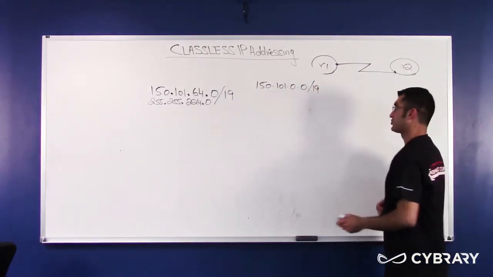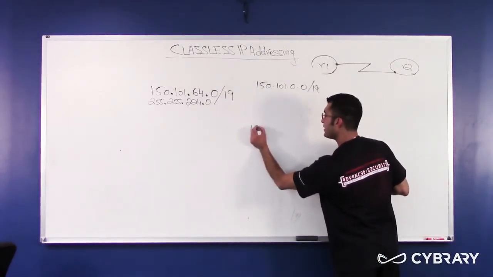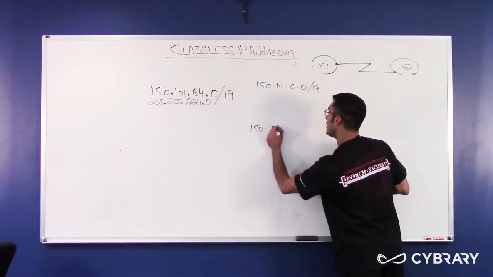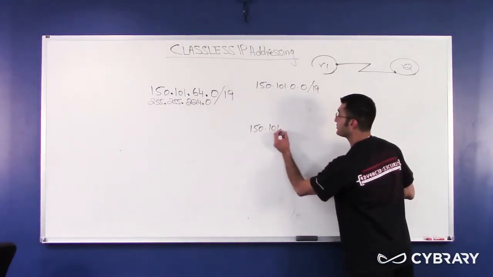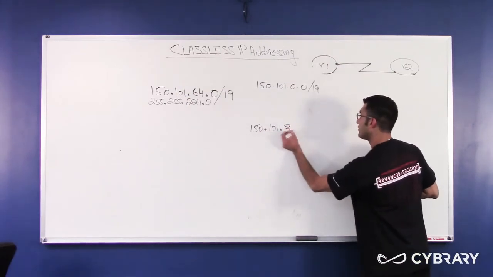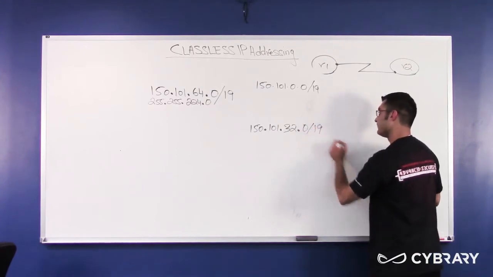My next network or street is, we're working in the third octet, remember, 150.101, and I simply add 32, since the value of the last bit turned on was 32. 32.0/19.